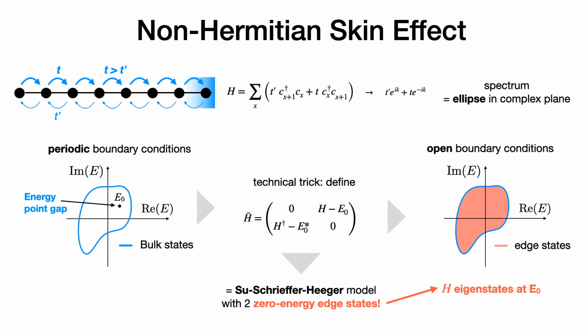You have infinitely many states. I'm assuming a semi-infinite boundary conditions system where you have one boundary and an infinite system in the other direction. So you actually have an infinite dimensional Hilbert space, so it doesn't contradict that you have actually infinitely many states here, one for every energy inside the point gap.